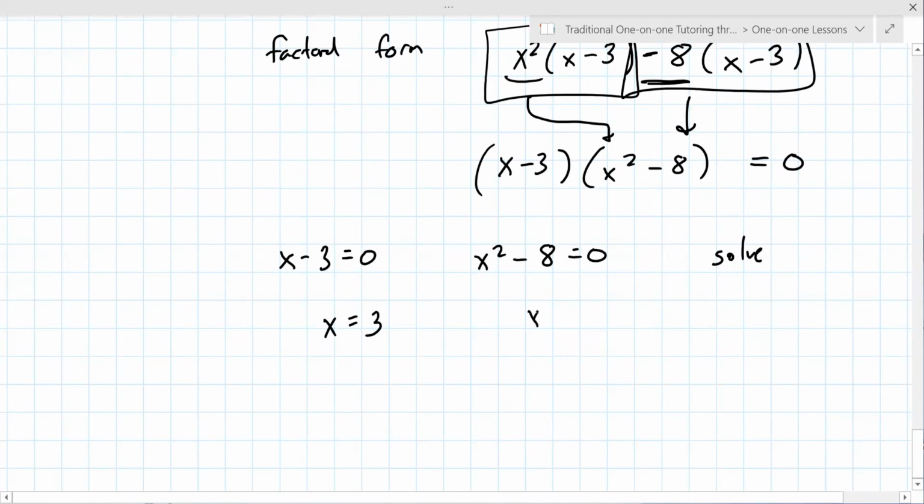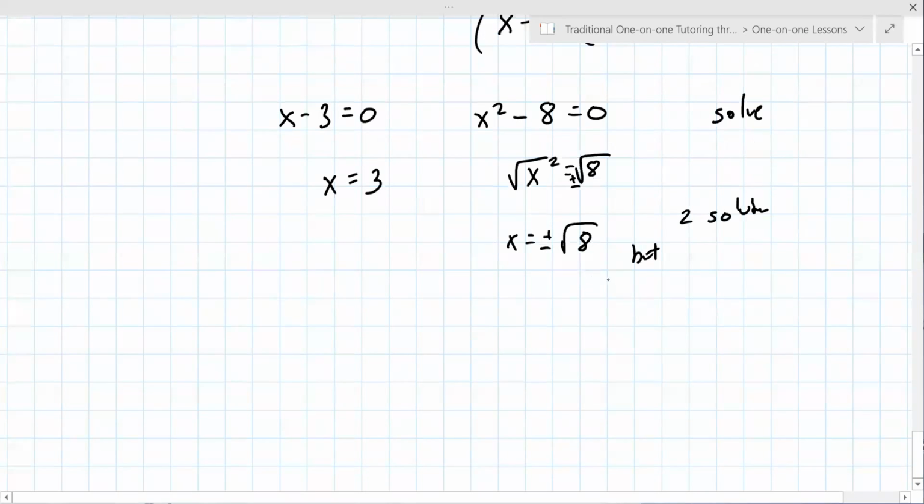So the one on the right here is a little bit tougher. x squared equals 8. There's two solutions. When you take the square root of both sides, it's plus or minus. So x equals plus or minus square root of 8. But we have to reduce that. 8 is 2 and 4, 2 and 2.